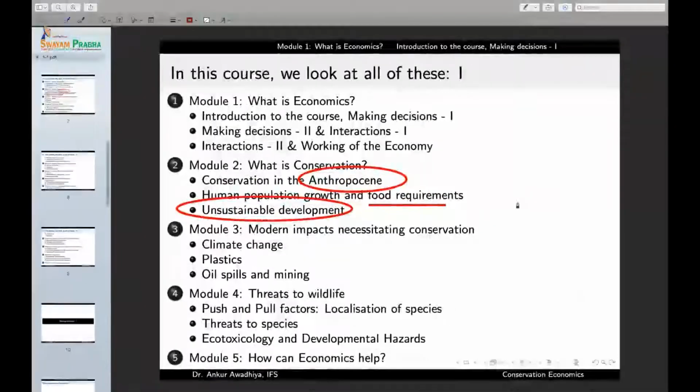Now, this comes to sustainable and unsustainable development. The difference is that if you have a resource, you can use it to get benefits for a very long period of time, or you can use it to get benefit for a short period of time. So you would have heard of the story of the hen or the goose that was laying golden eggs.